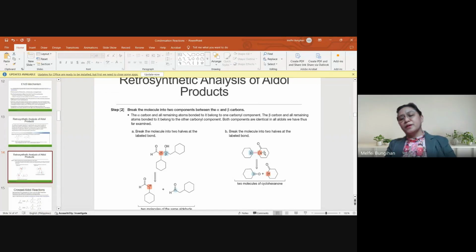In the other compound, you break this bond, and again there are several steps, because it has undergone dehydration to become an alpha beta unsaturated ketone. After that, you can form here the starting materials. You see those cyclohexanones, two molecules. So that is how you can predict what starting material has caused these condensed products.